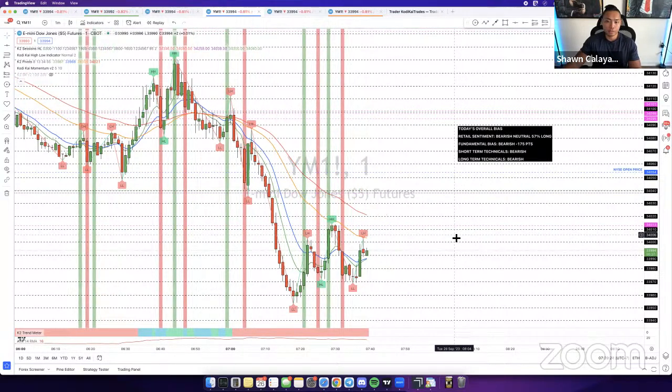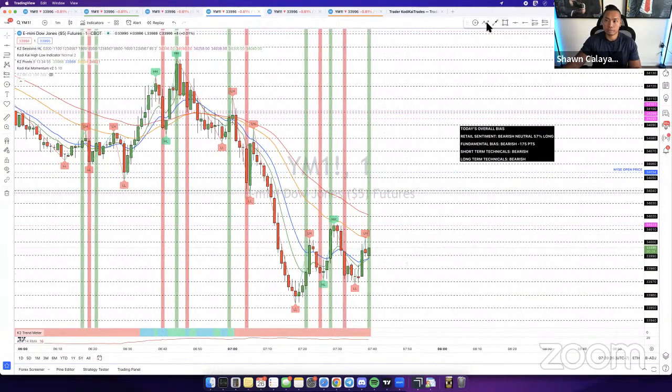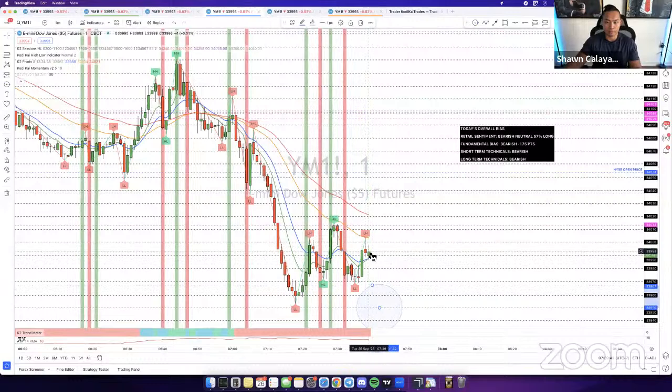All right, so if you guys are looking for any entries here, the only entries that I can really think of would probably be some V1 variations like what Vince is looking at. Unless price comes down to here. If price comes down to this point, we can look for a possible momentum pullback scalp, but I'm not expecting that because we have a buy signal right here.